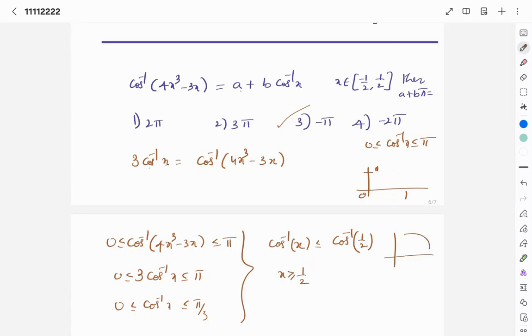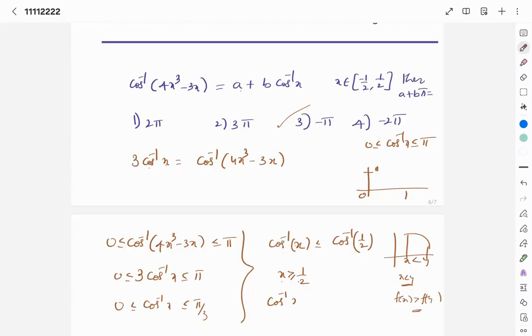Like here, if x is less than y, f(x) is greater than f(y). Here x is greater, cos inverse is less. Opposite inequality, here lesser, here greater. For example, cos inverse half is 60.